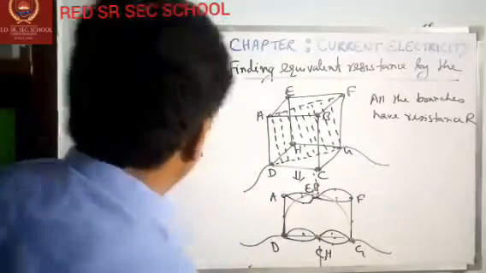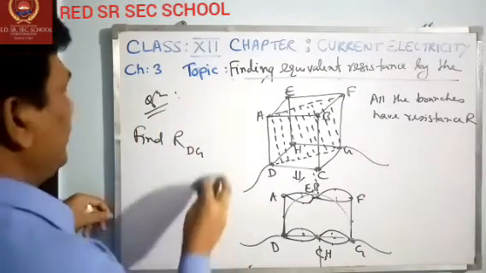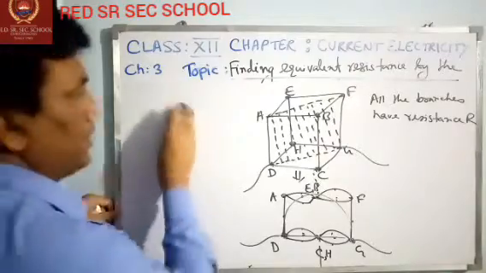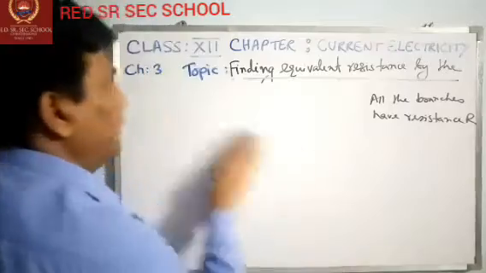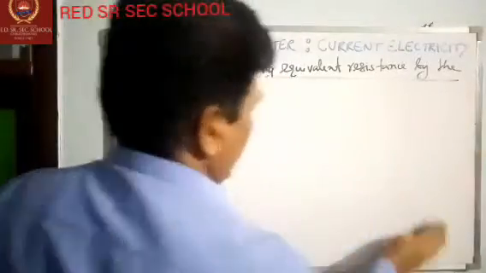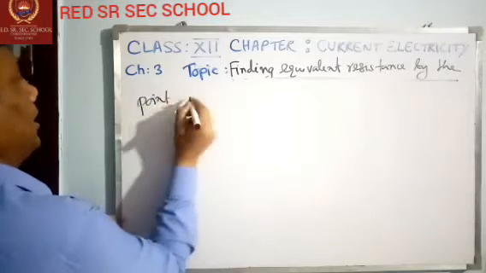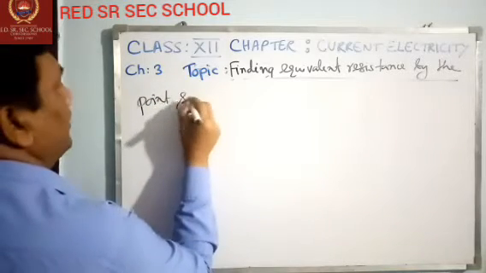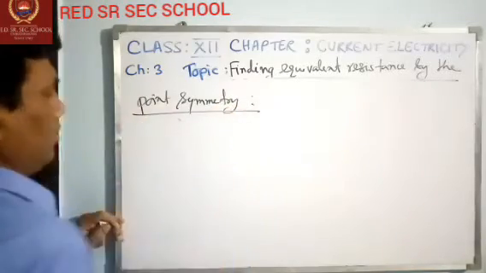Okay, so this is the technique I have just shown you. Now I am going to point symmetry. Let me discuss something about point symmetry. Last, point symmetry. What is point symmetry?